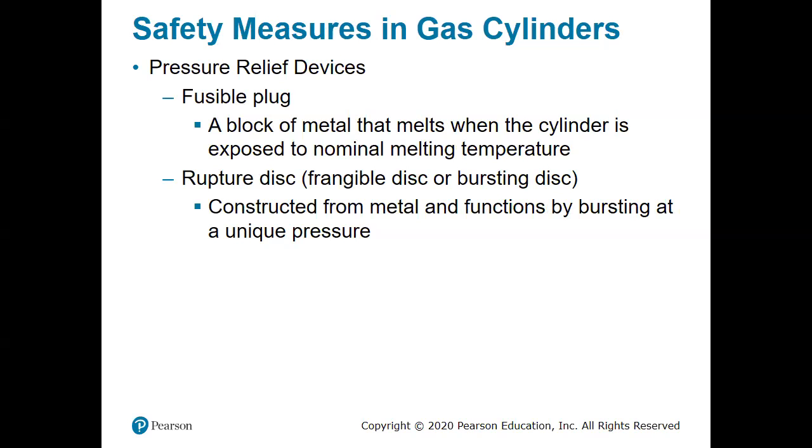Inside the gas cylinders themselves, there are two pressure relief devices available. Their primary purpose is to help release the gas inside safely so that in the event of an emergency, you don't have a catastrophe.